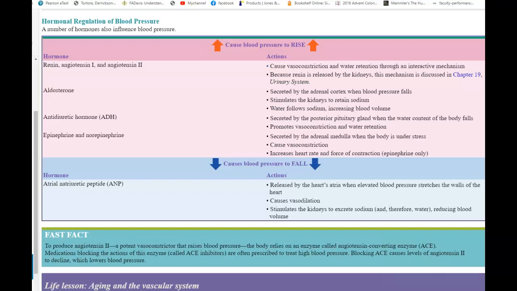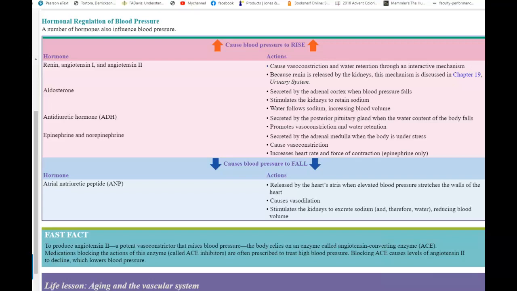Then you have aldosterone, which is regulated by the adrenal cortex. That's part of the renin-angiotensin-aldosterone system, and aldosterone will absorb more water. Antidiuretic hormone is regulated by your brain in your posterior pituitary, and that will control absorbing more water.